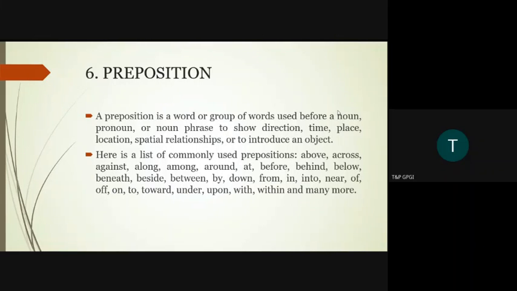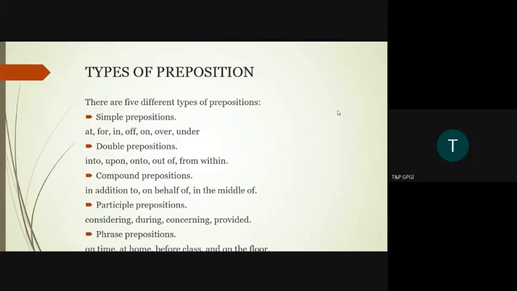Before that, I'm going to tell you the types of prepositions. So basically, in all, there are 5 different types of prepositions. Okay.